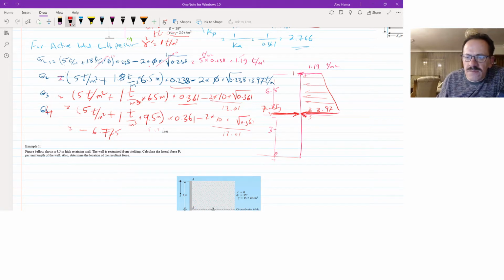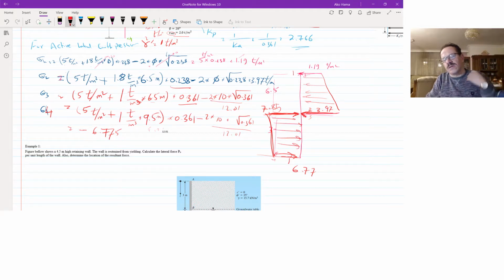So means this is 7.85, then there will be here a little bit, this is 6.77. Remember, this is 7.8, so the distribution of the active pressure will be on this sheet, while here the total. Now, what will be the summary of this one?